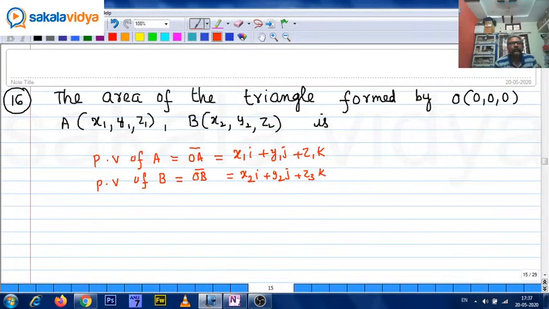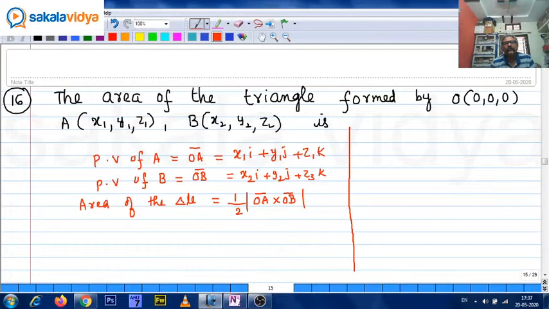Now for example, OA and OB are the sides of the triangle, then the area of the triangle is given by half of OA cross OB. This is the vector area, but the scalar area is the modulus. So next you need to find OA cross OB.